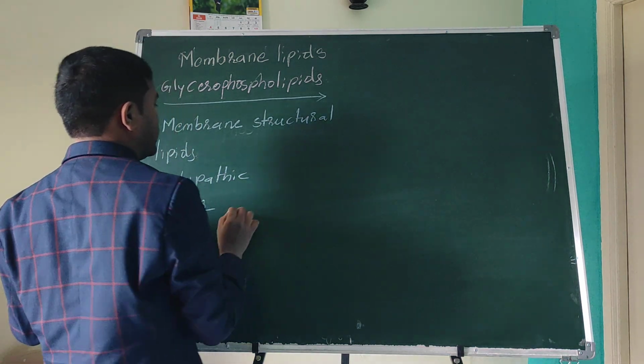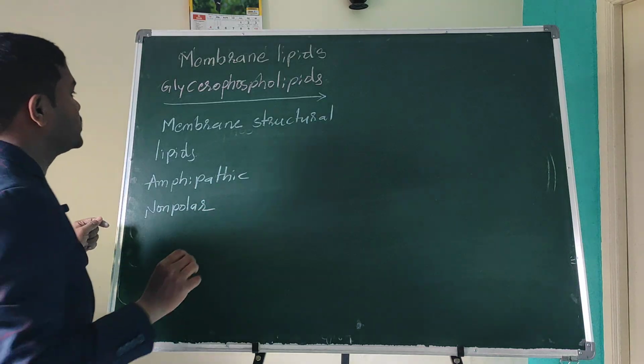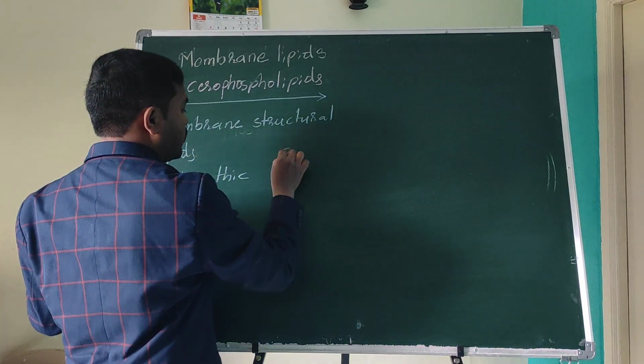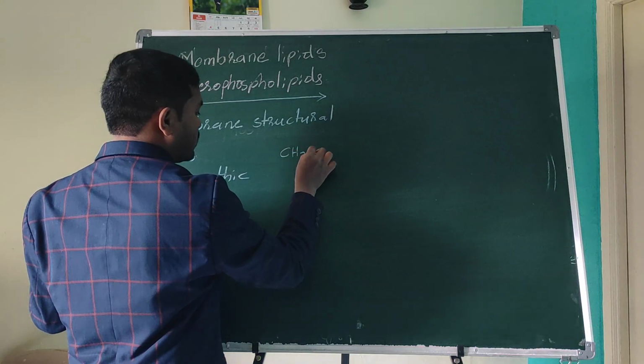Glycerophospholipids have three components. One, glycerol.